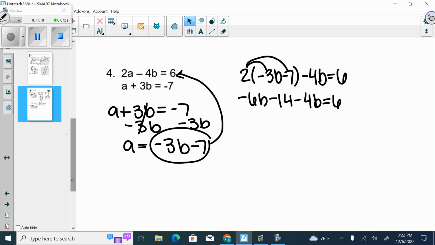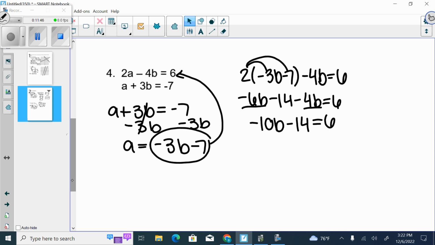Okay, so remember, before we start moving stuff, is there anything we can put together? Yes, what can we put together? Very good. So what is negative 6b minus 4b? Negative 10b, good. So I got negative 10b minus 14 equals 6.